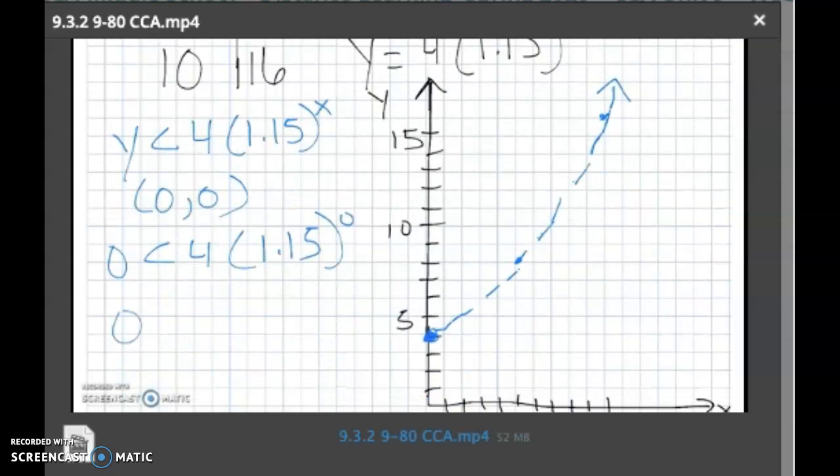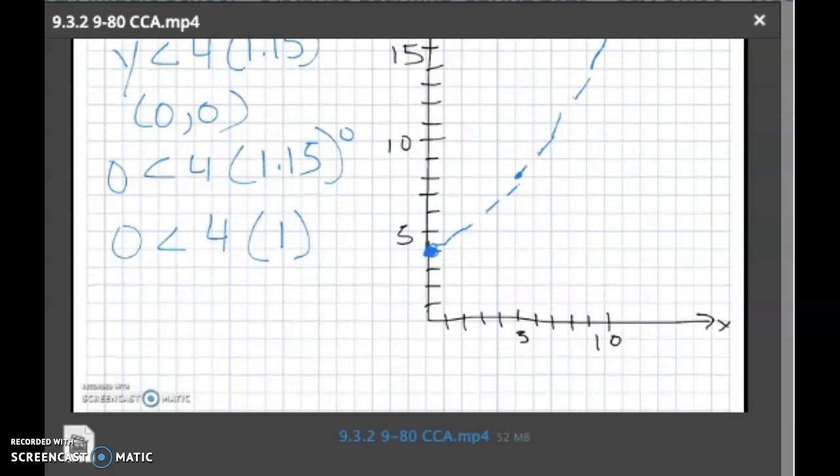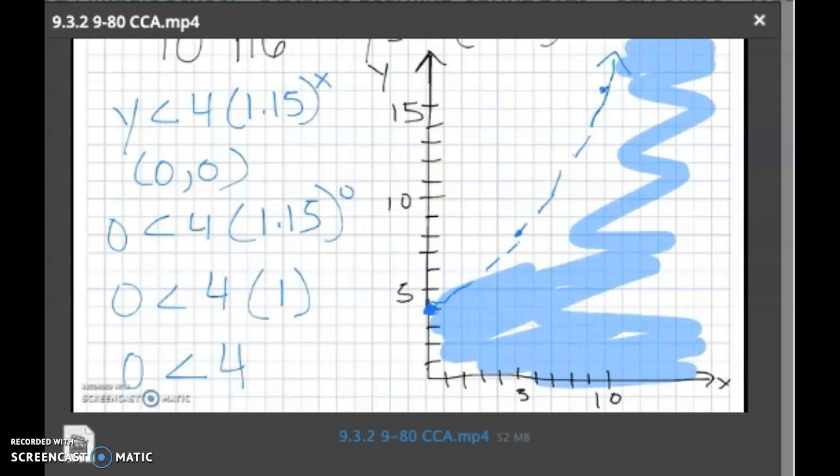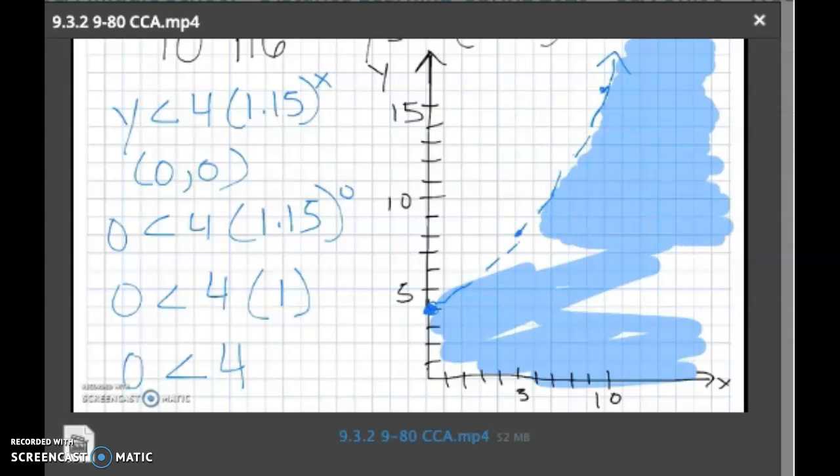Then I get that 0 is less than 4 times 1.15 to the 0 power, which is 1. Any number to the 0 power is 1, so we get that 0 is less than 4, and that is a true statement. Since 0 is below my boundary line, I'm going to shade everything below it. So the solution set for this inequality is any point below my boundary line, not including the boundary line, because it's a dotted line, since we just have less than.